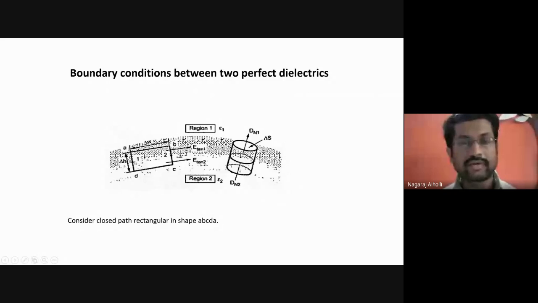Because it's a constant here. The tangential component E tan 1 will be almost constant. Therefore, I will get integral A to B E bar dot DL bar is equal to E tan 1 integral A to B DL bar.